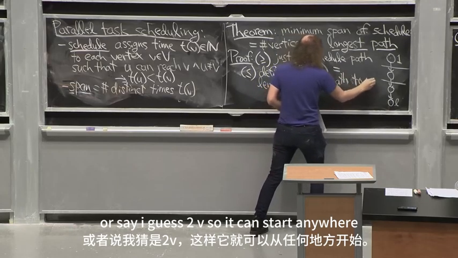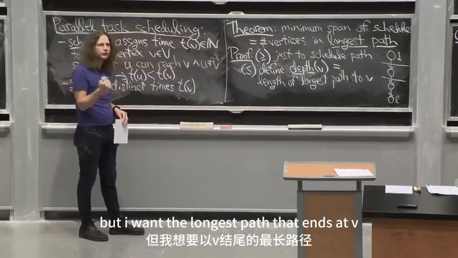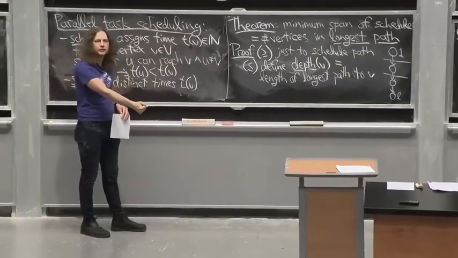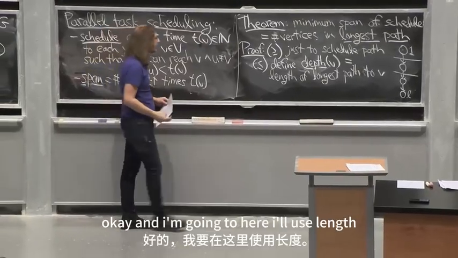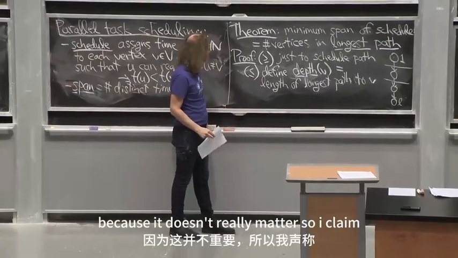So it can start anywhere, but I want a longest path that ends at v. And here I'll use length measuring number of edges as usual, because it doesn't really matter.